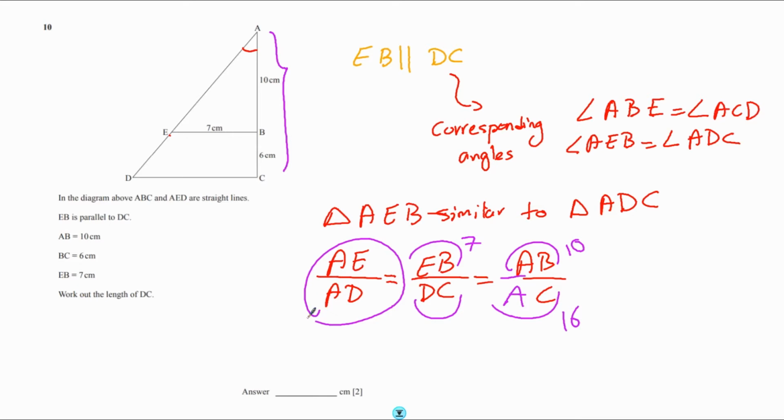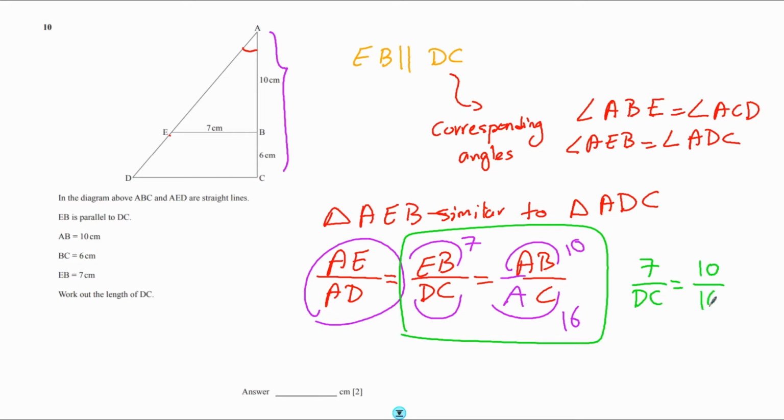But if I write just this section separately, we are more interested in this equation: 7 over DC equals 10 over 16.